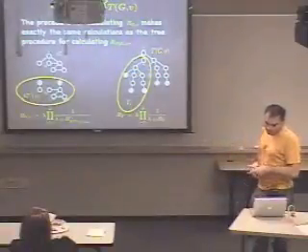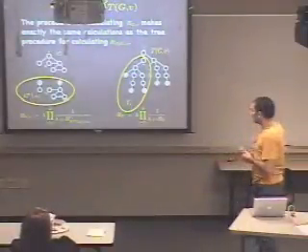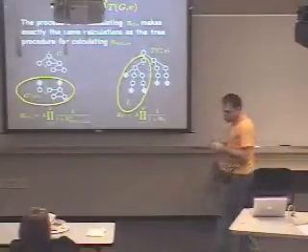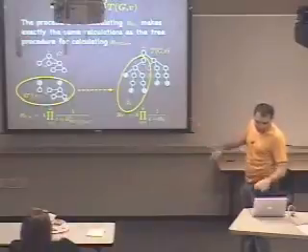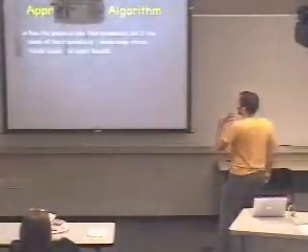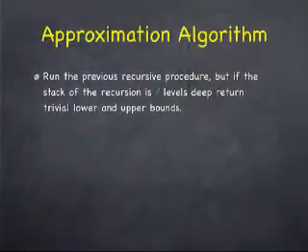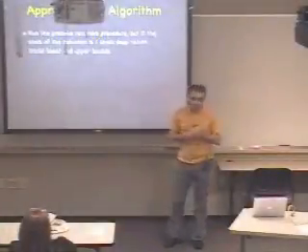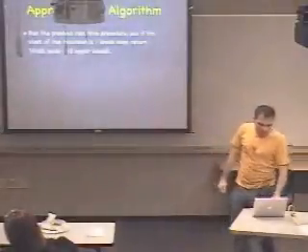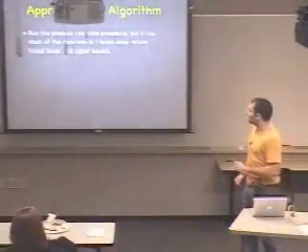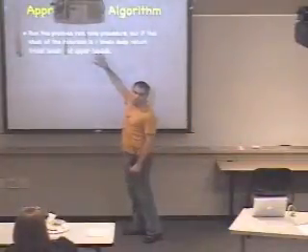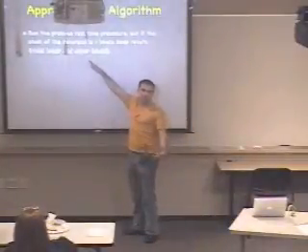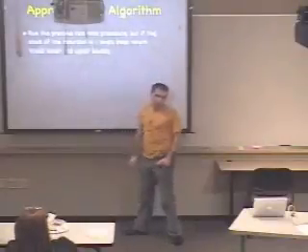But what we can do, and this is what Christian was starting to say, is, if we only want an approximation algorithm, and if we know that we are in the subcritical regime where influences decay with distance on the tree, then actually we don't have to develop it all the way down. So basically we will run this algorithm with an additional parameter L, which tells us how many levels down the recursion we want to continue.